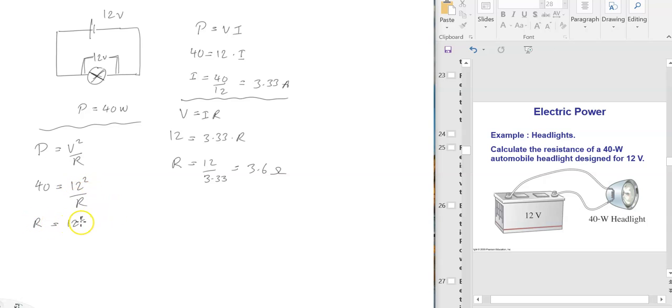Resistance is 12 squared over 40. So let's try that. 12 squared over 40. I get the same answer, 3.6 ohms. Okay, so either way is fine. This second method is shorter, just one step if you remember the equation. Alright, okay, let's move on.